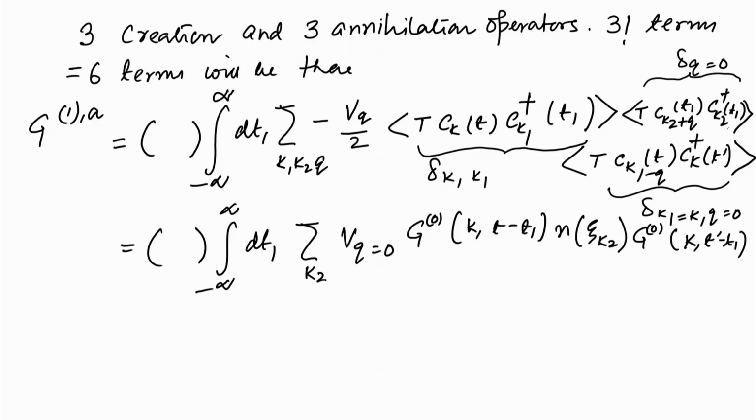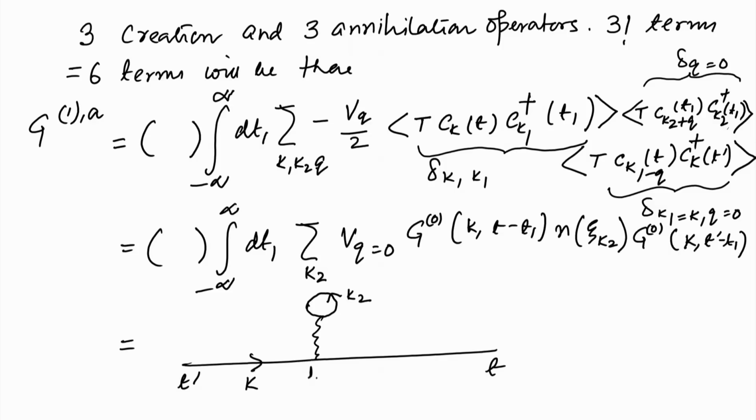So, how would the diagram look like? This particular diagram would look like there is a line from t prime to t, with a momentum k. Now, at t equal to t1, I have an electron bubble which is momentum k2, at t equal to t1, and then it continues as k.